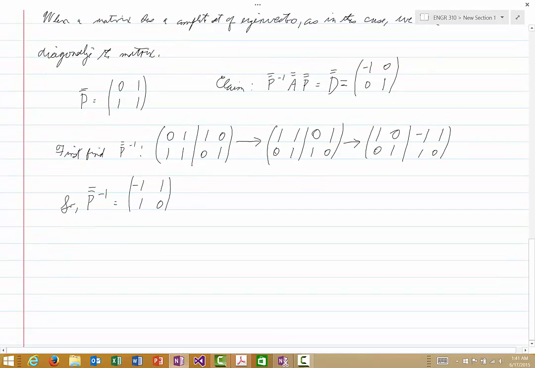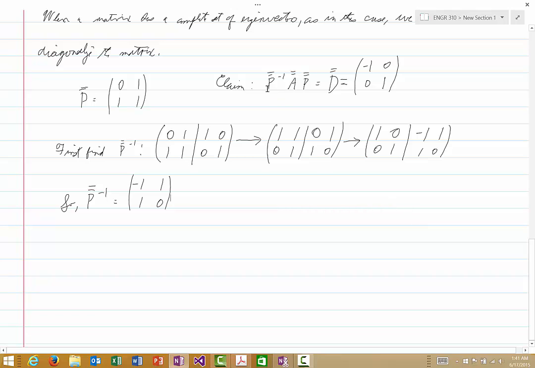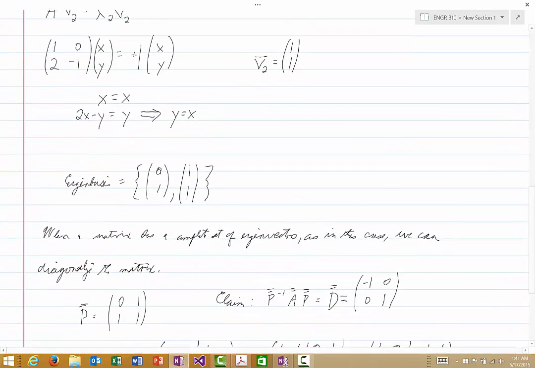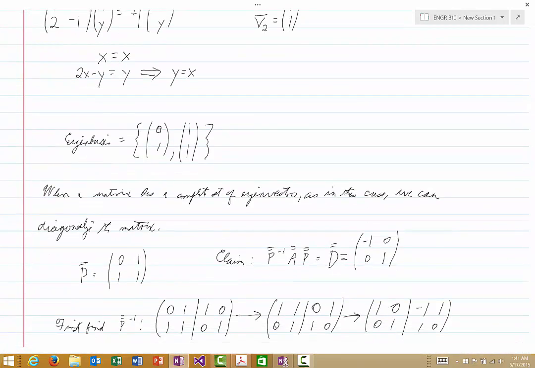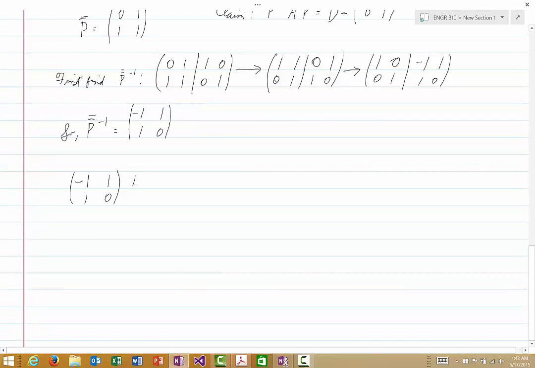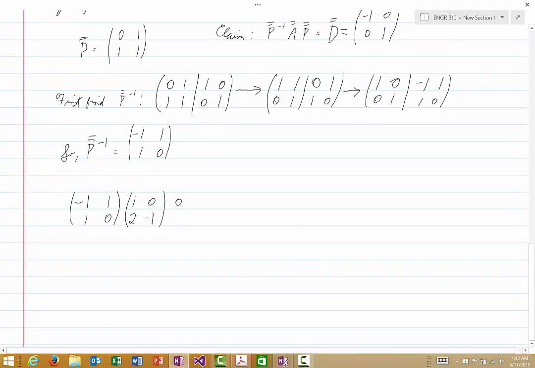And now we're ready to test our claim that if we multiply P inverse by A and then by P, we will get this matrix right here. So let's check and see if that's true. Negative 1, 1, 1, 0. That's P inverse. Remember that A is 1, 0, 2, negative 1. And then P is 0, 1, 1, 1.